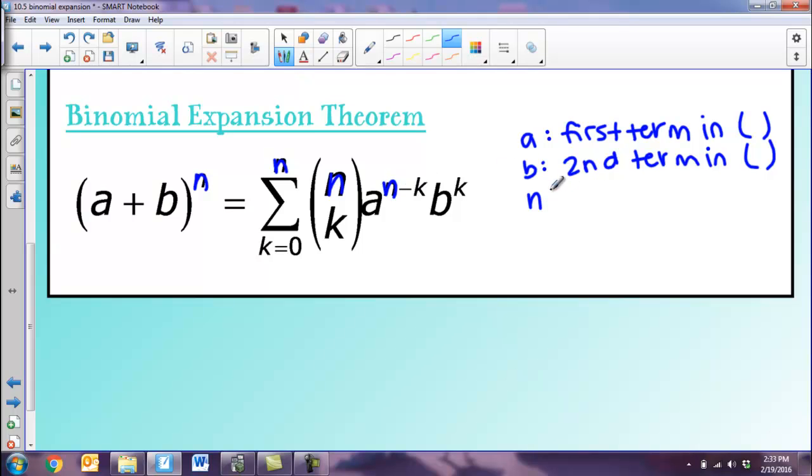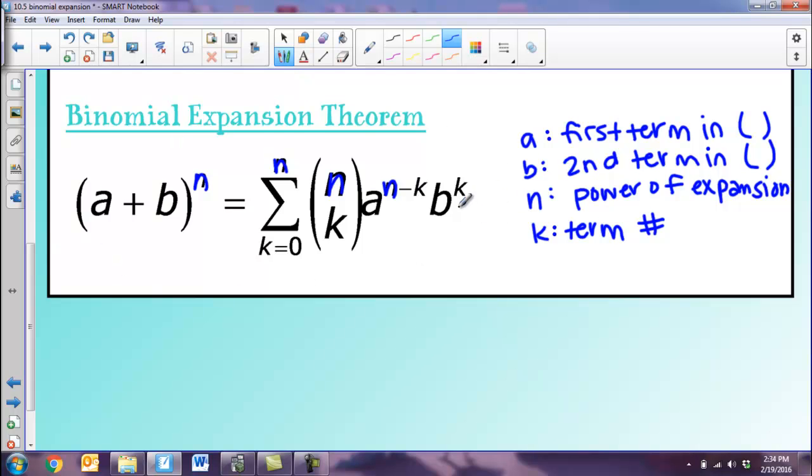And so the n is going to be the power of the expansion, so the exponent on the outside of the binomial. And then k is going to be your term number. So if I plug in 0, that would be the first term. It's kind of weird, that's your first term, and then your second. You're just plugging in k as we go along. Okay, so that's what the formula looks like.